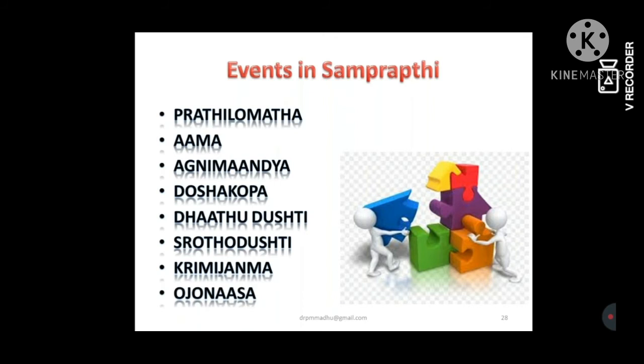These may have different degrees in their severity, but essentially there will be the role of these factors inside his body. That is why we are telling that Samprapti Ghatakas have the principal role as far as diagnosis is concerned.